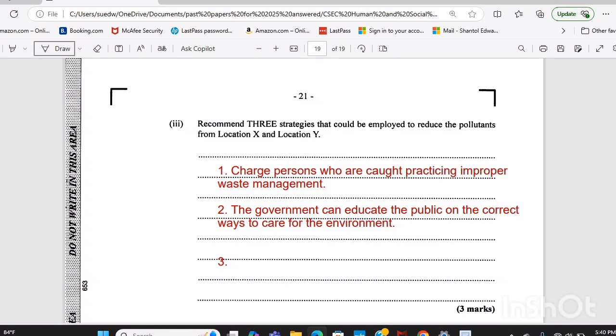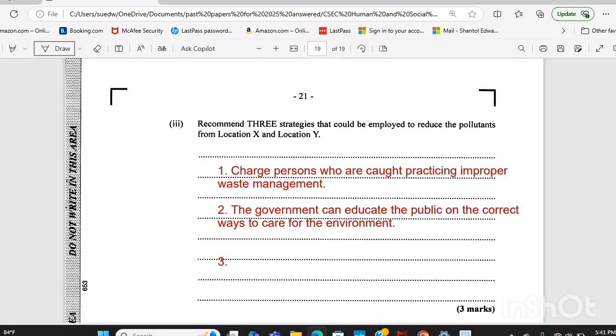You could also, as my third option, you could fence the area. You could put up signs to show the community members that this area is now restricted and it should not be dumped. No illegal dumping should take place there. You could also try and provide the community members, right, with resources to reduce their improper waste management.